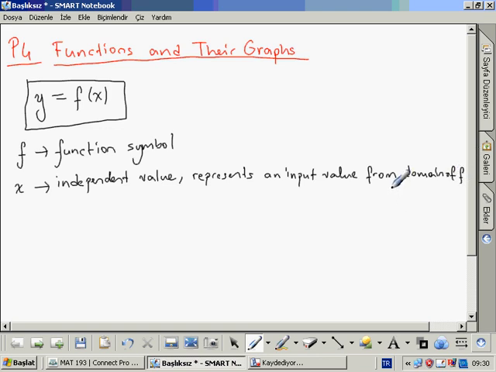And we will denote it by the capital D of f. It means domain of f.